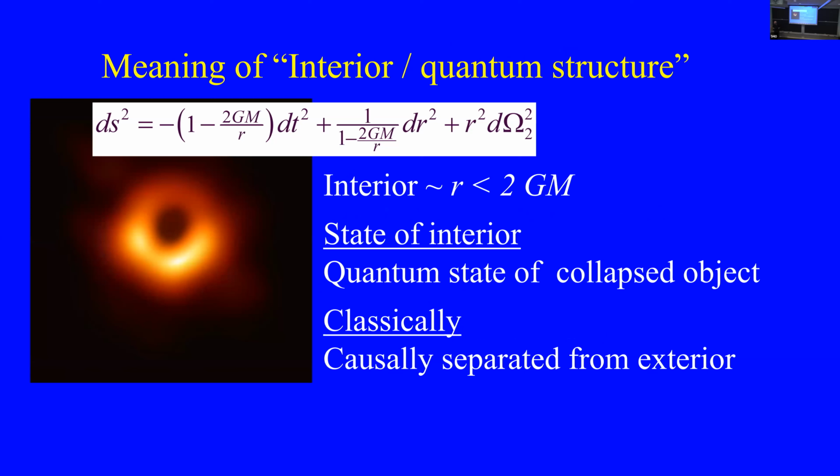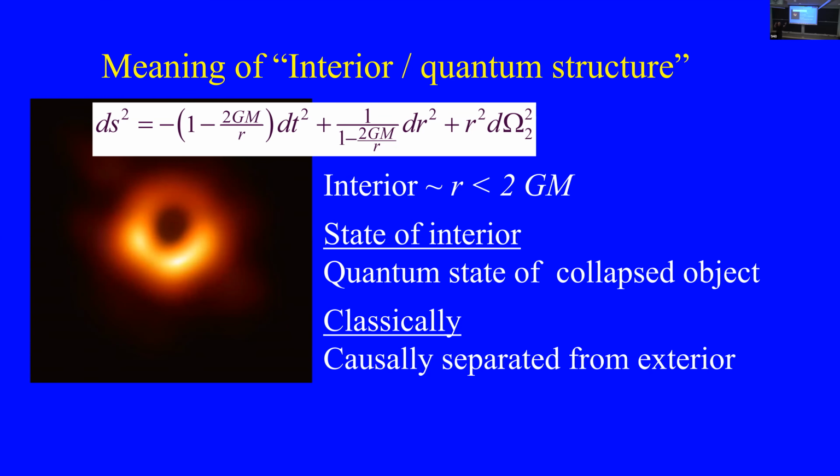Okay, now what do I mean by an interior? So this is supposed to be a picture of a black hole. It's not a picture of a black hole, but it still helps to visually focus the ideas about what I mean by the interior. So what I mean by the interior is the quantum state, the state of the matter that collapsed and fell and created the black hole.